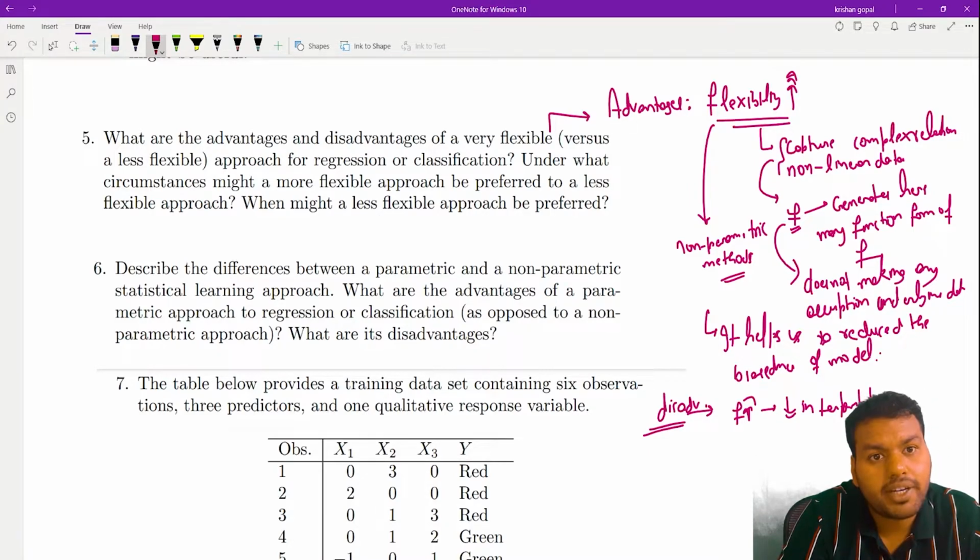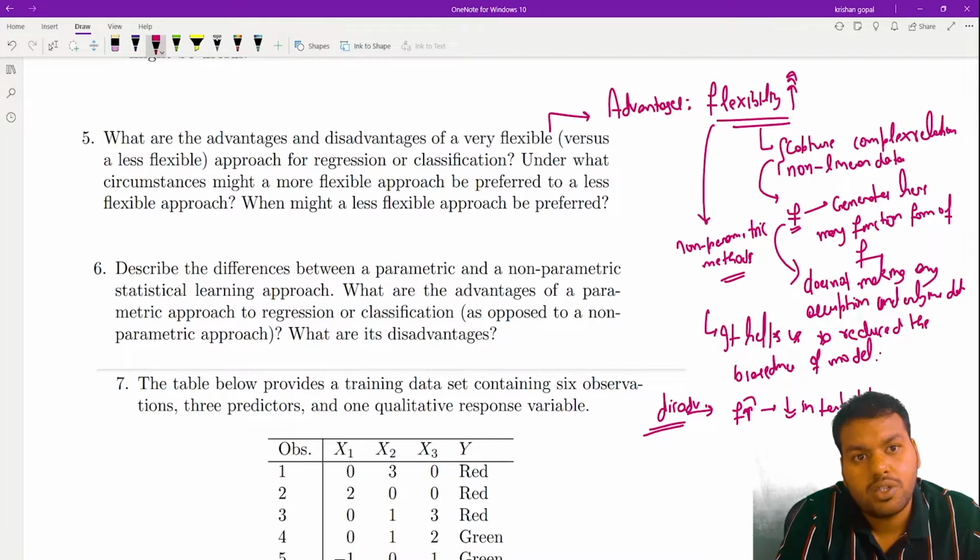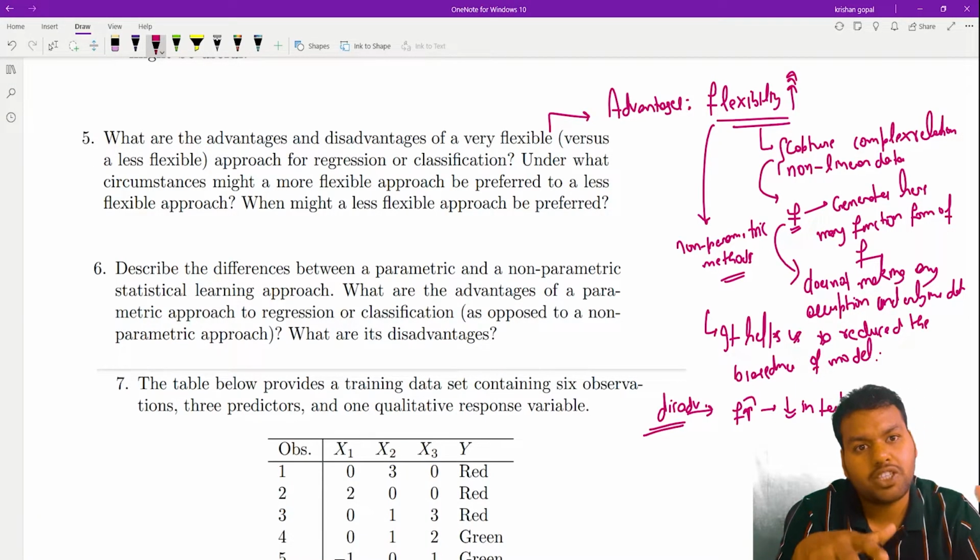It can capture patterns which include the outliers in the dataset, which cannot be the case in the testing phase. So our training error can be very low and test error can be high if we increase too much flexibility.